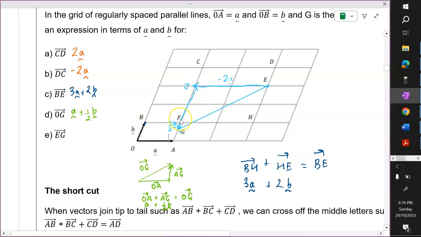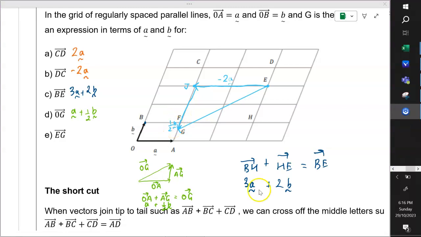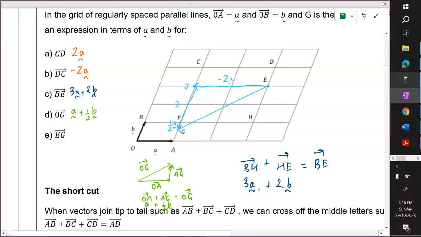So we've got 2B, and we've got a half of B. So we've got two lots of B plus half of B. We've got 2.5B, and that's going to be in the negative direction to our vector B. So we've got minus 2.5B, and that's from J down to G, and that's a negative vector, which should be what we've got there.